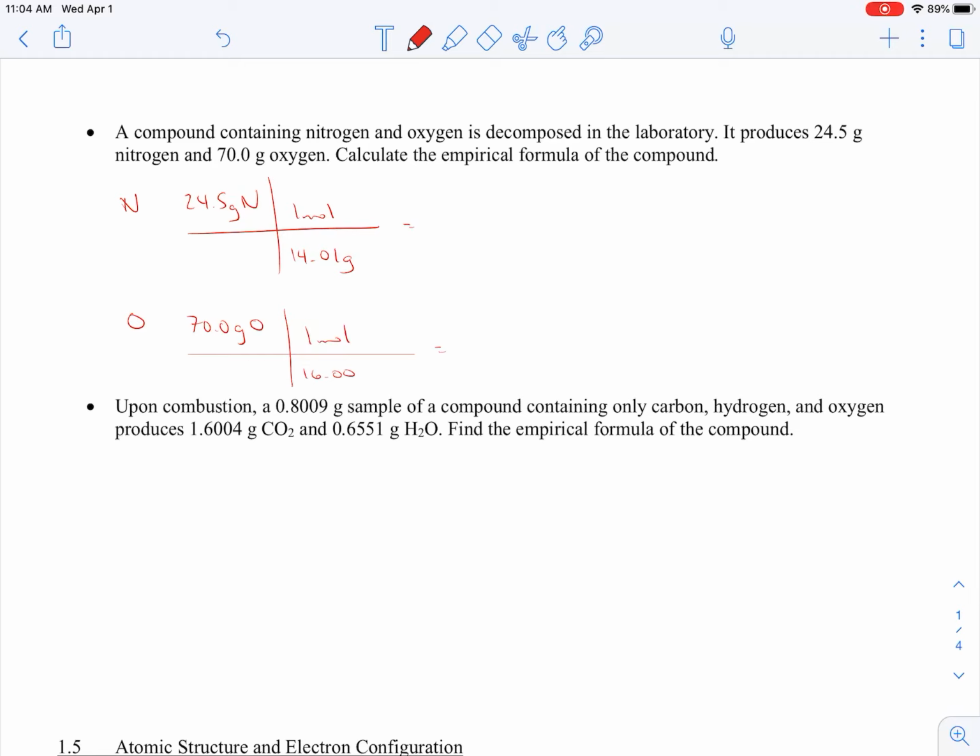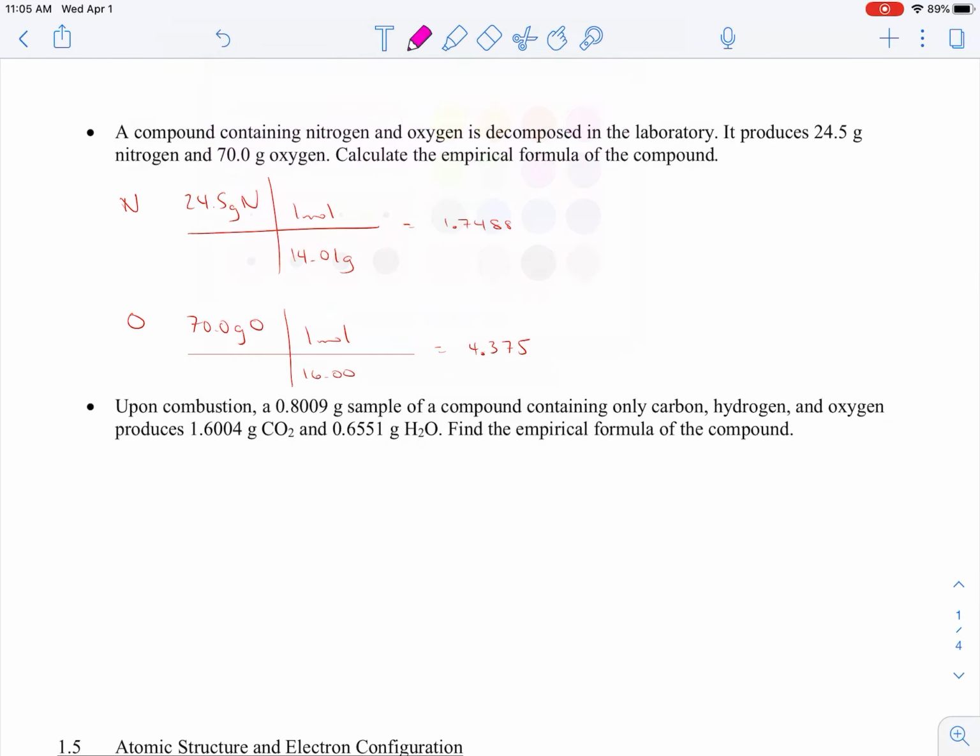All right, so 24.5 divided by 14.01, we get 1.7488. And I like to keep 4 decimals here just to make sure, because a lot of times we can get into fractions, especially on free response, so it's important that we do that. And then this one comes out to 4.375. So that's our moles.